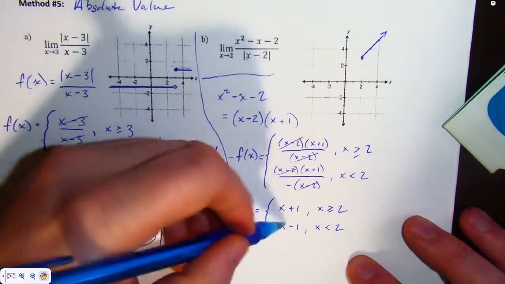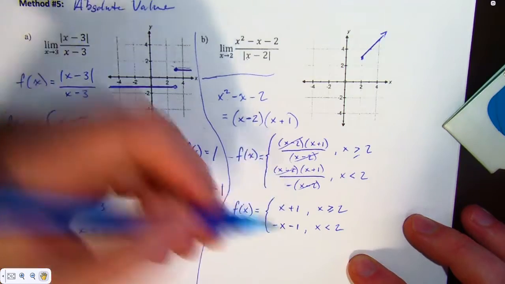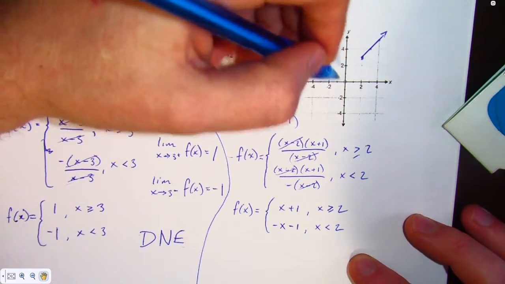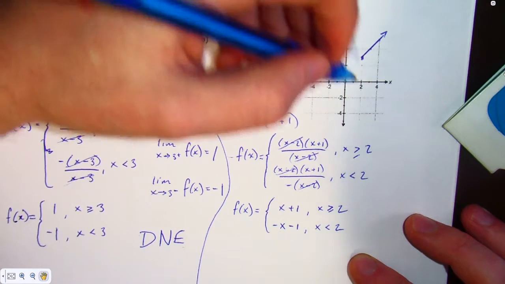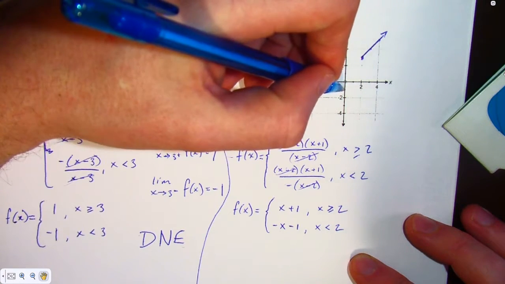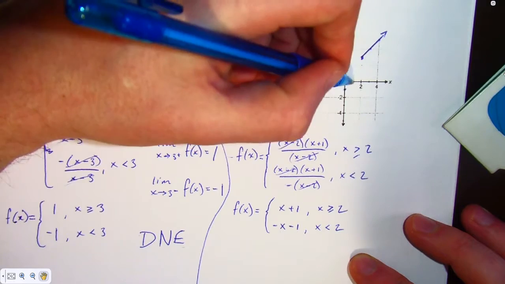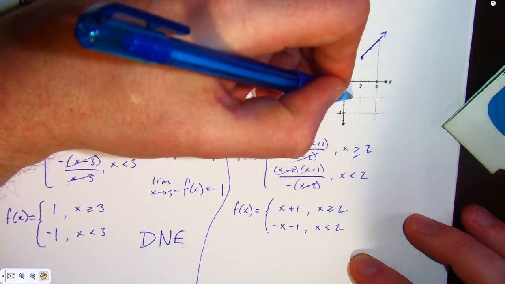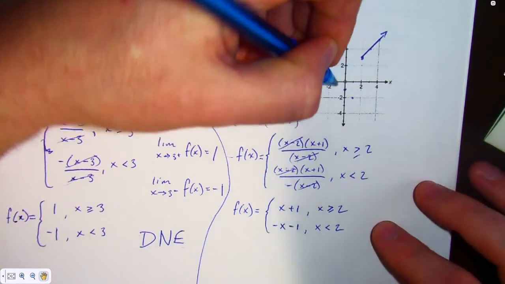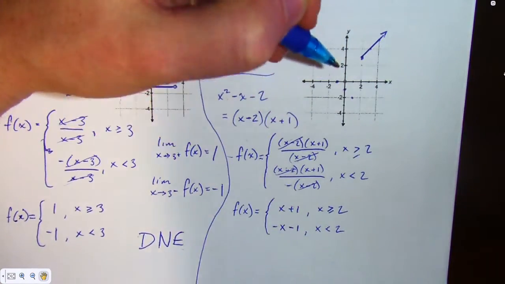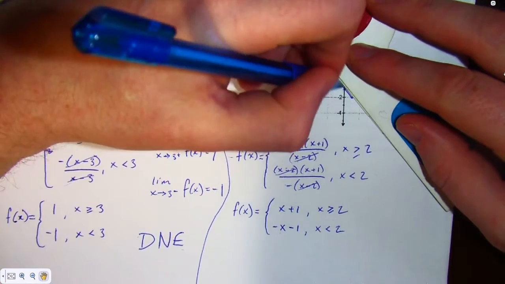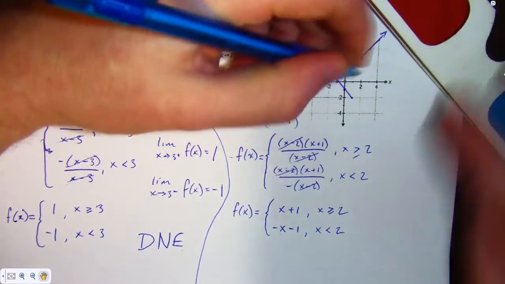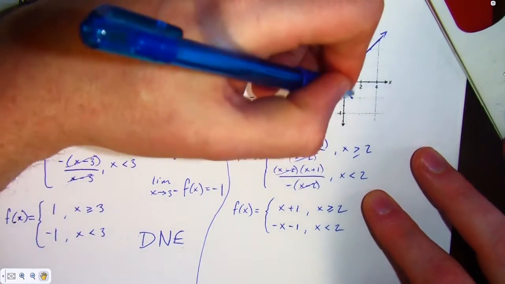And then it's going to be negative x minus 1 if x is less than 2. So we're going to go through -1. There we go.